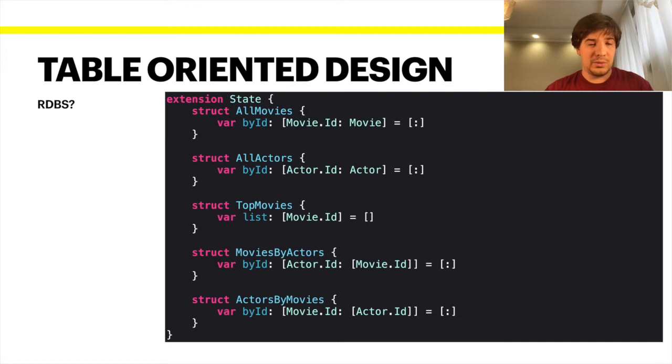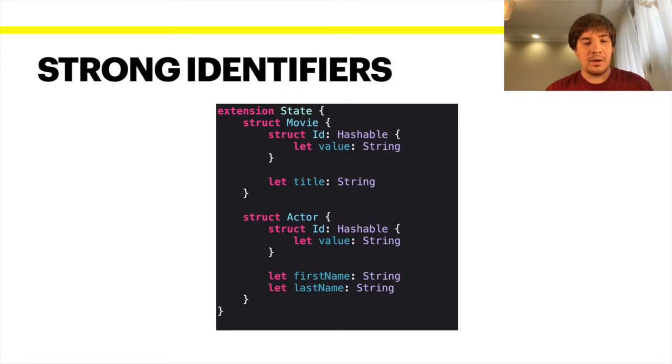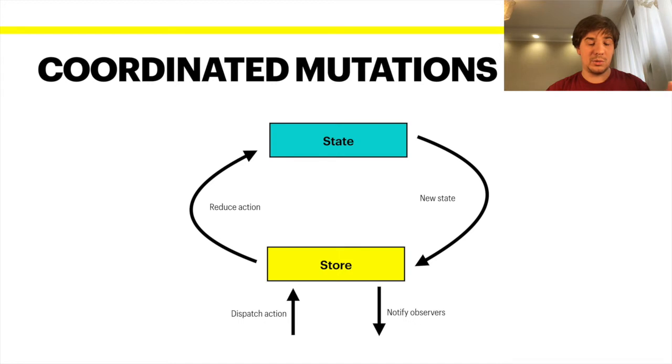The entity itself will of course store a lot of fields. It's nice to note that we want to use strong identifiers. So every entity should have its own ID type, just so the compiler can help us differentiate between those two and will not let us make a mistake and look for something that is not there.